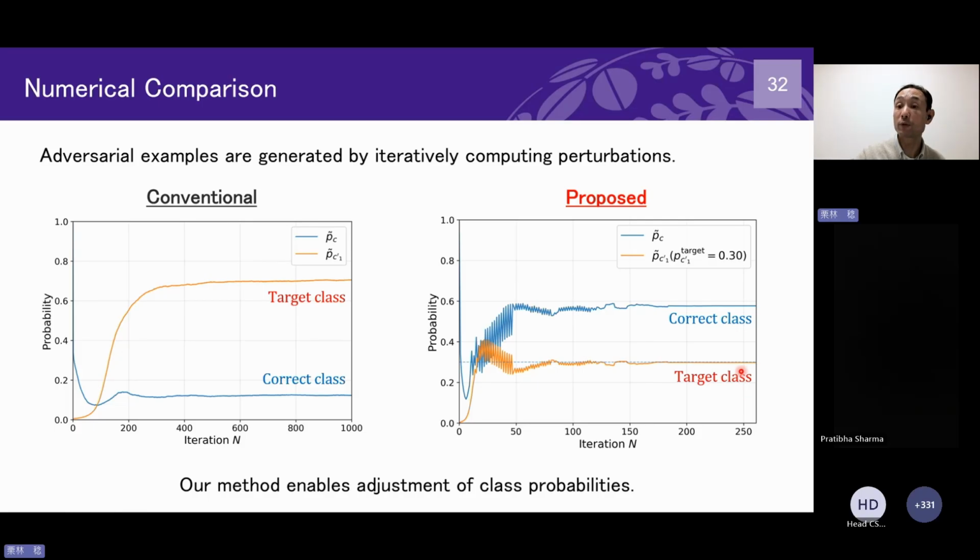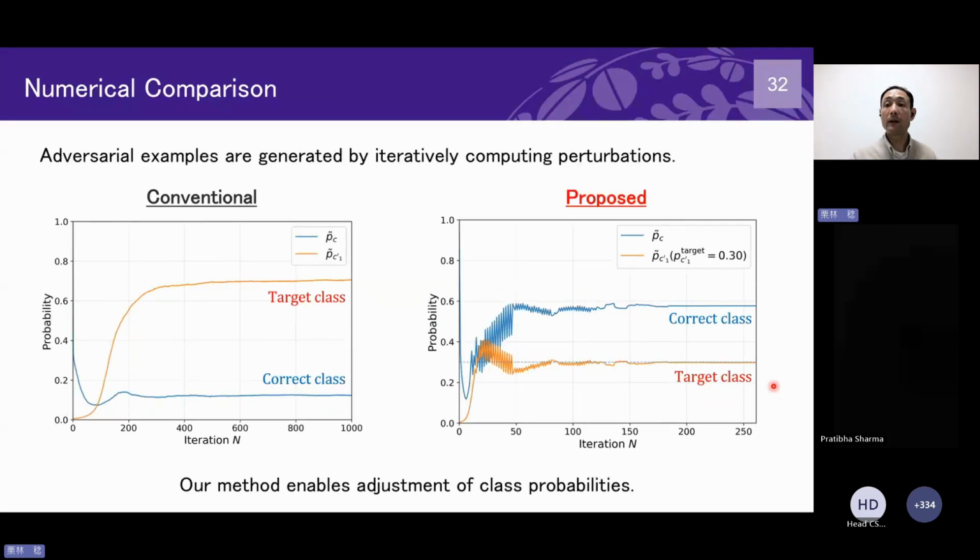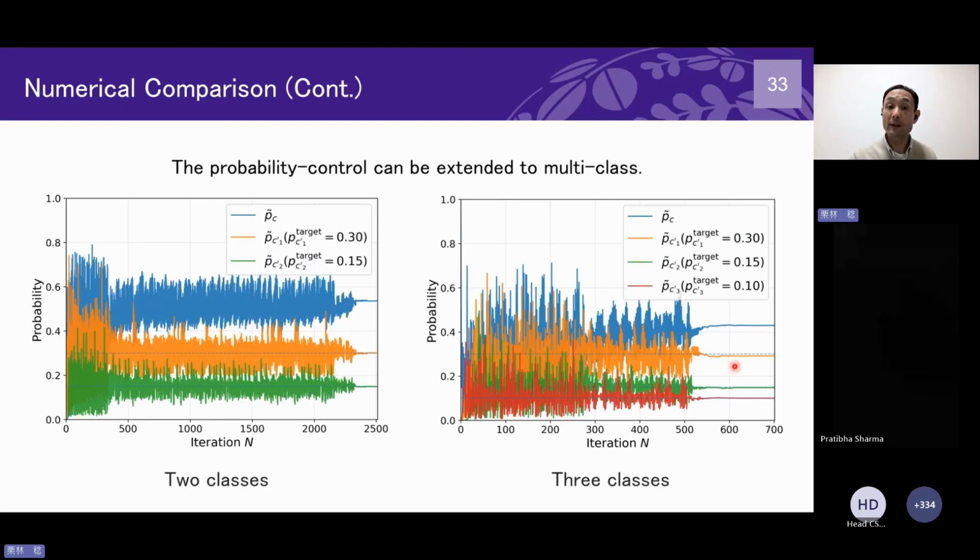It's close to 0.3. So it is possible to control the probability of the adversarial examples. This slide also shows other examples. In this case, the target class is only one class, but it can be increased to two or three classes. So it is possible to extend it to multiple classes.